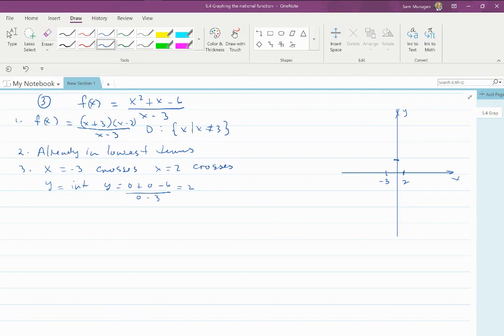Next, we want to figure out the asymptotes. So vertical asymptote at x minus 3, and the graph will alternate between negative infinity and positive infinity.